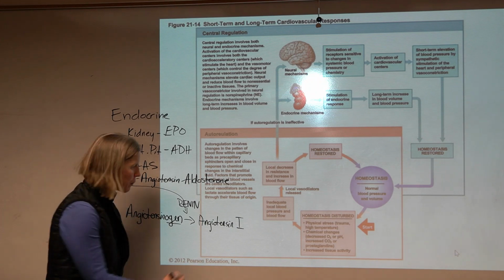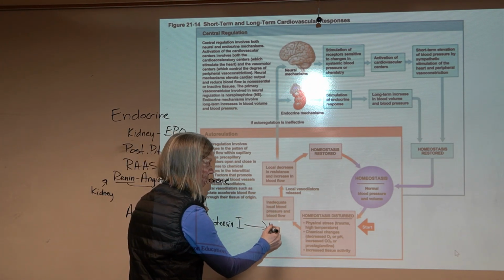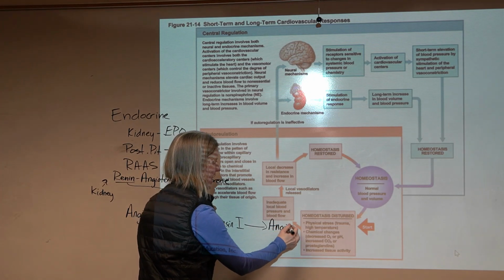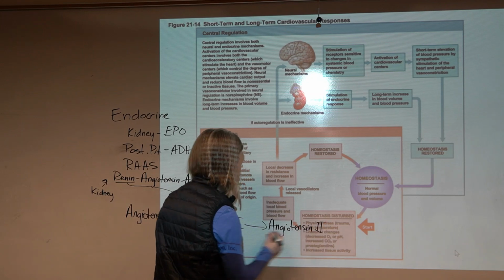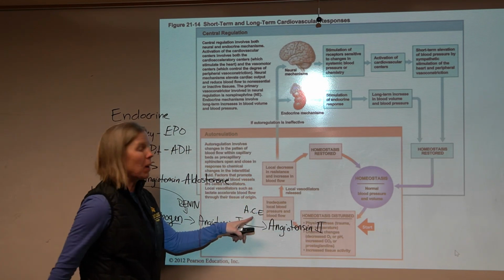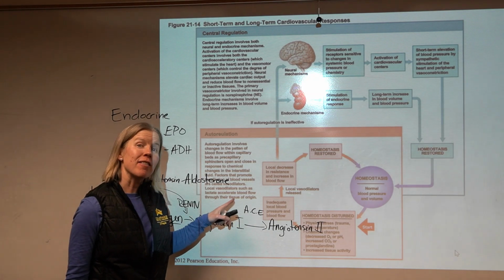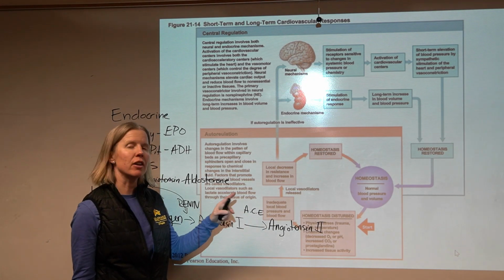We're not done yet. I'm just writing across this whole board. We need that to be converted to angiotensin 2, and that is done by what's called angiotensin converting enzyme. Much easier to say ACE.